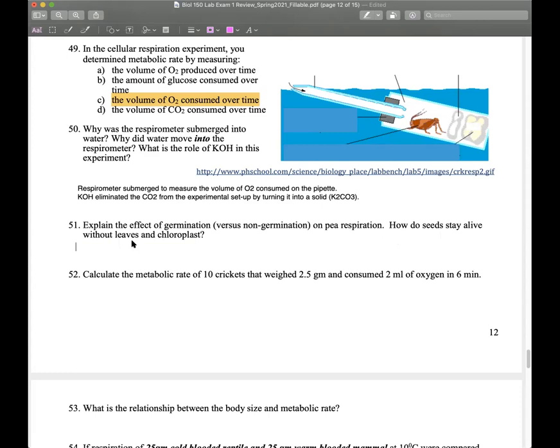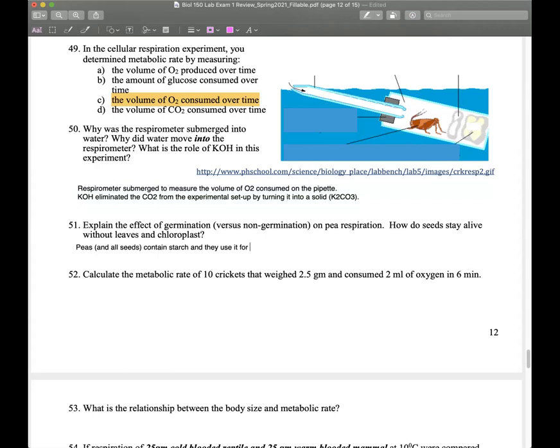It has starch inside them. Right, peas and all seeds contain starch, which is our stored form of glucose. And they use it for what? Growth.